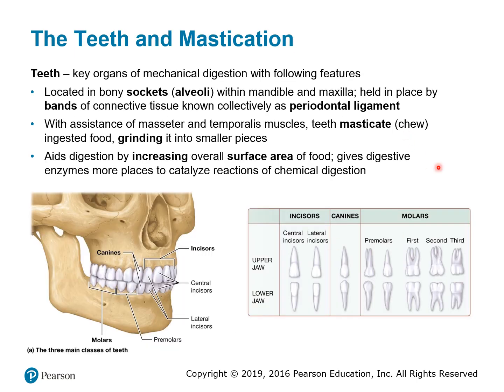Okay, so now we're going to talk about the teeth, because the teeth are a digestive system organ, even though it might seem like they are more part of the skeletal system, they are going to help with digestion. So teeth are key organs that help with mechanical digestion, meaning chewing. And they have the following features.